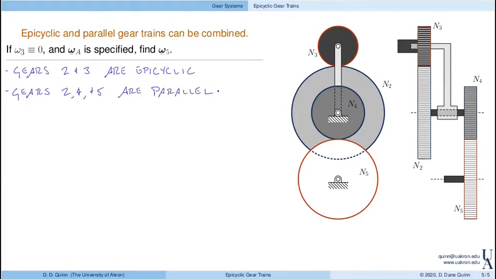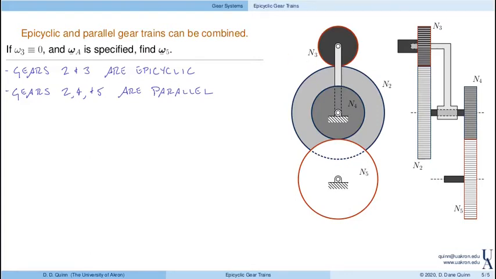I mean, here I could take out the arm and gear 3, right? And I would just have a parallel train between gear 2, gear 4, and gear 5. Or I could remove gears 4 and 5, and I would have an epicyclic train between gear 2 and gear 3. Notice, though, that 2 and 4 are rigidly connected.